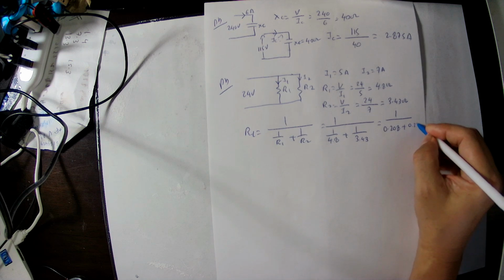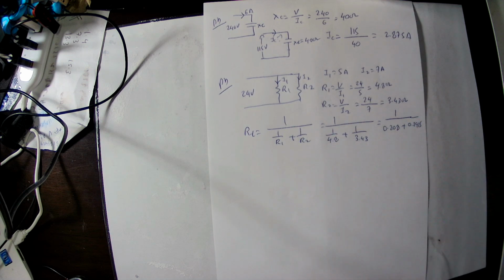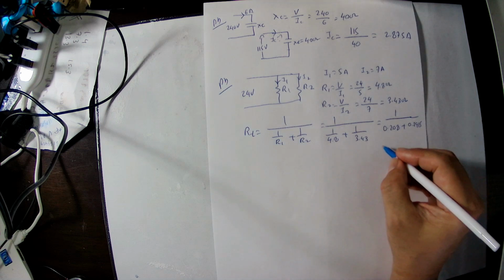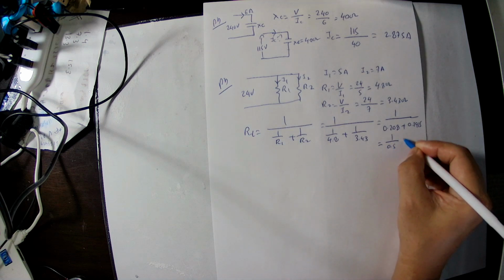Adding 0.208, we get 0.4995. So the total resistance is calculated as 1 by 0.5, which is 2 ohm. Total resistance is 2 ohm.